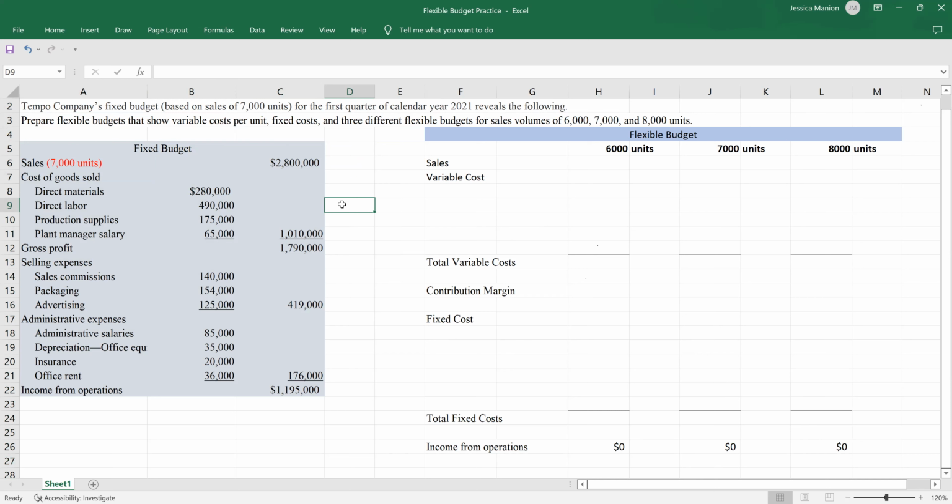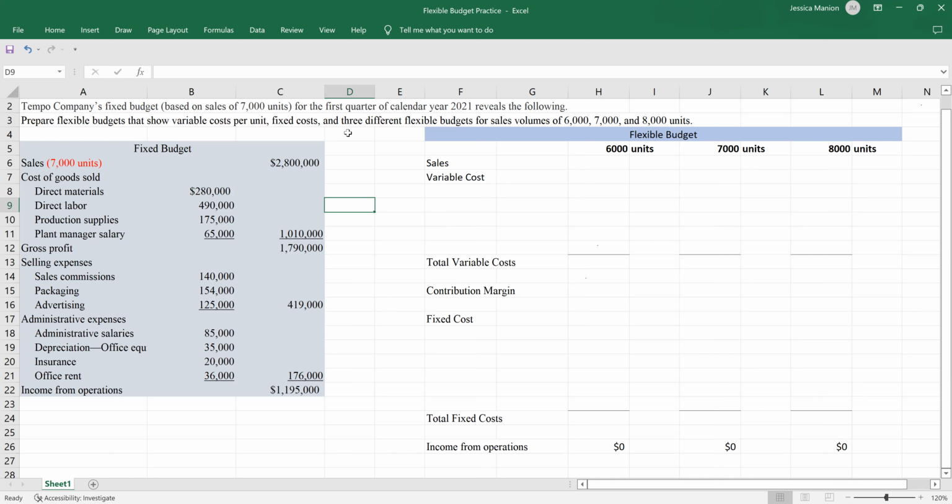So Tempo Company's fixed budget based on sales of 7,000 units for the first quarter of calendar year 2021 reveals the following. It says prepare flexible budgets that show variable costs per unit, fixed cost, and 3 different flexible budgets for sales volumes of 6,000, 7,000, and 8,000 units.